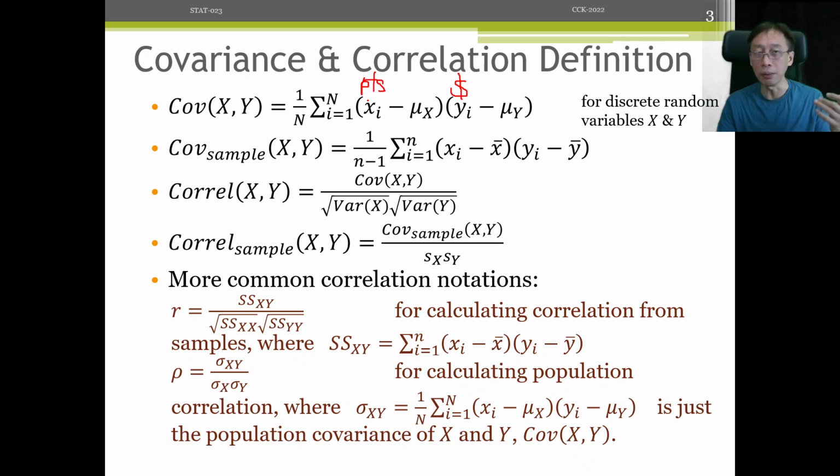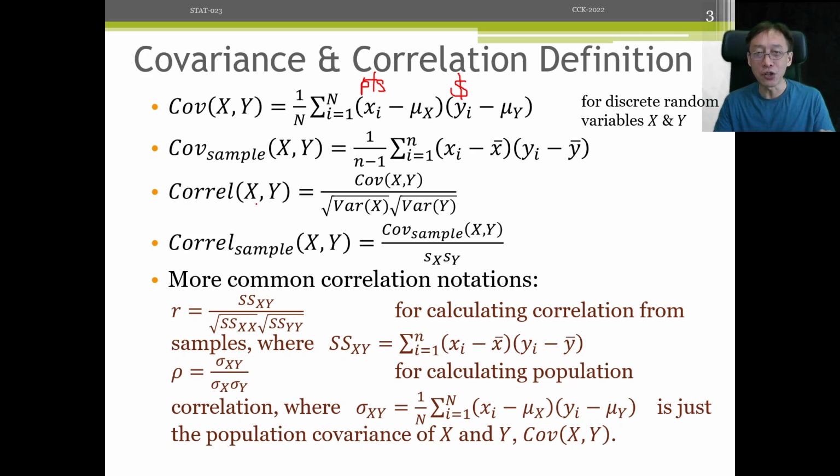So when you multiply the two together, the rectangle will have a unit of points dollars, right? And if you take the average, it is still points dollars, which is very hard to understand, whether it is a large point-dollar measurement or a small one. We don't have a feel about it. That is the motivation for the birth of correlation.